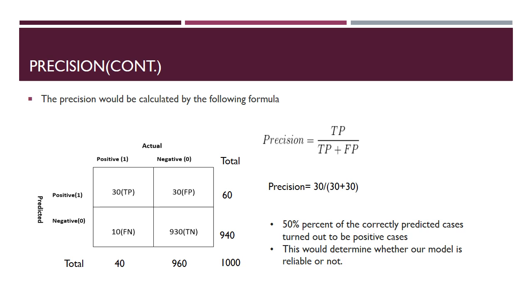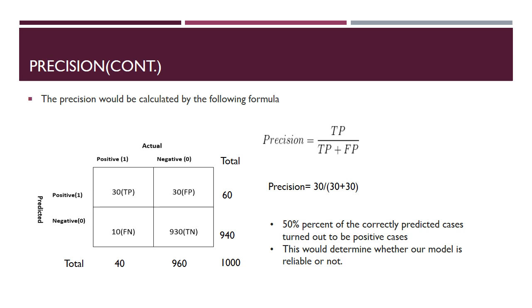So if we see that there were 30 true positives, 30 divided by 30 true positives plus false positives, we have 60. So here we can see that only 50% of the predicted cases turn out to be positive cases. So here we can see two problems exist. The first problem is that the model is unable to classify all of the patients who have the disease.